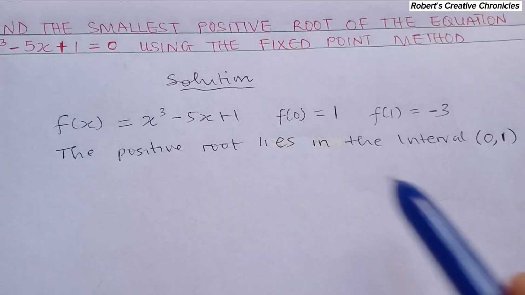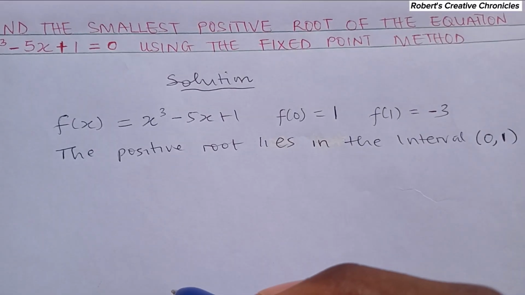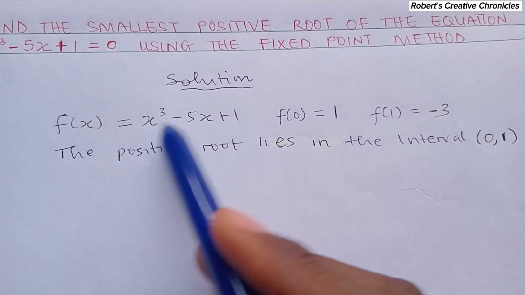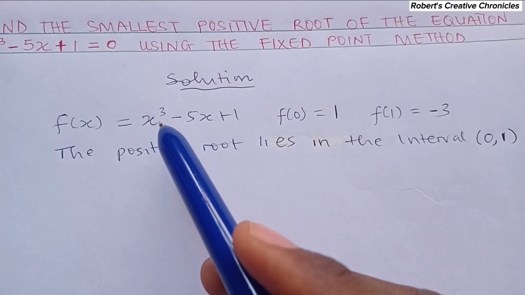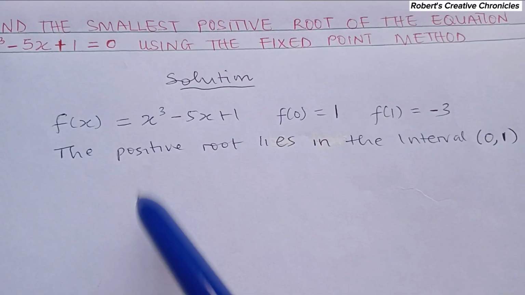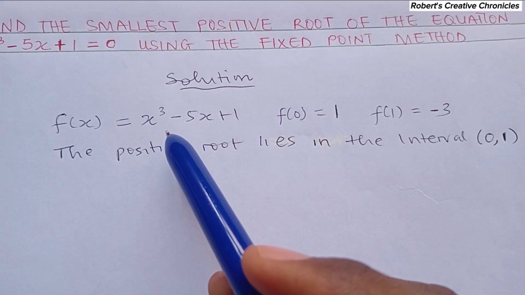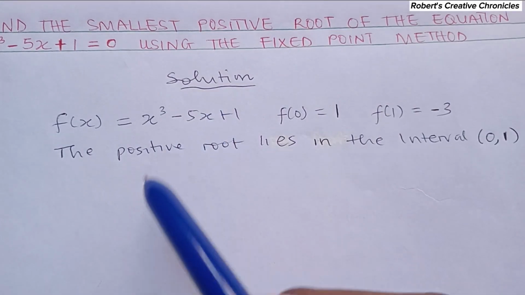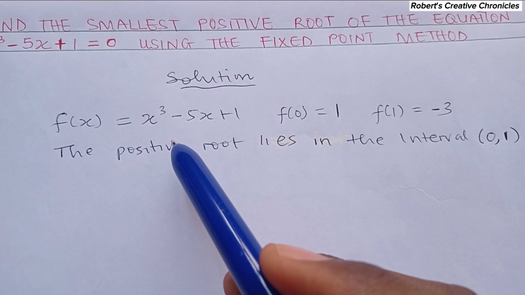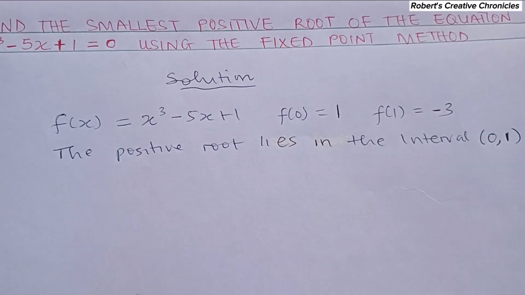Now, using the fixed point method, you have to rearrange this equation in such a way that we can do the iteration. There are some ways of putting this equation where the iteration will not converge. So you have to know the form to put it in so that it converges.